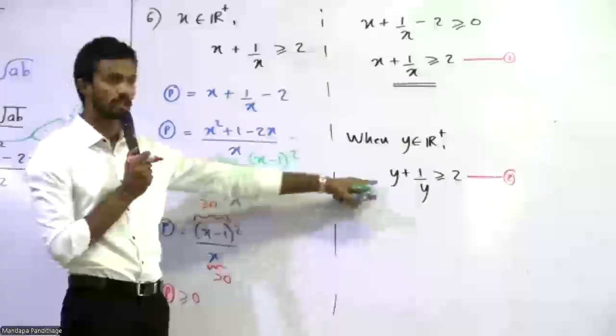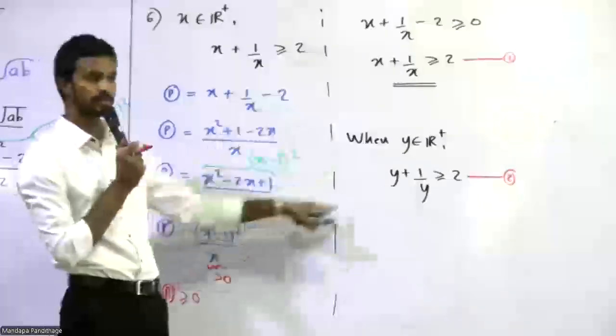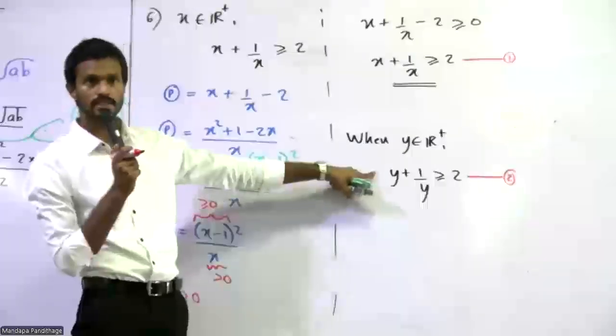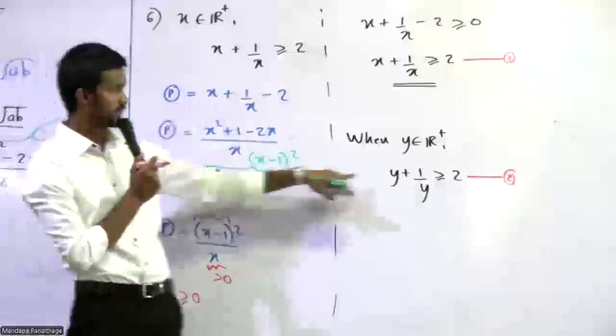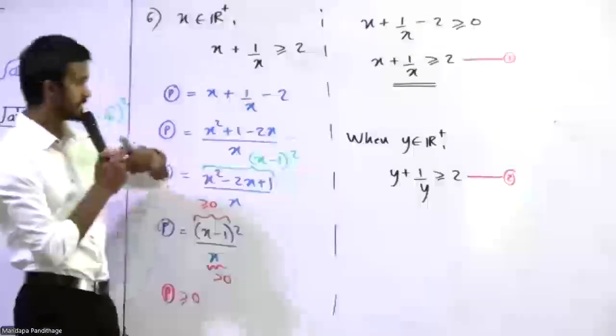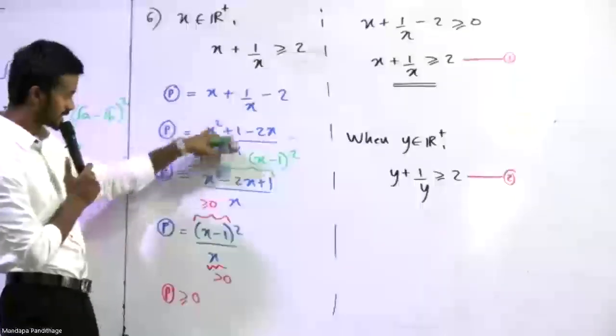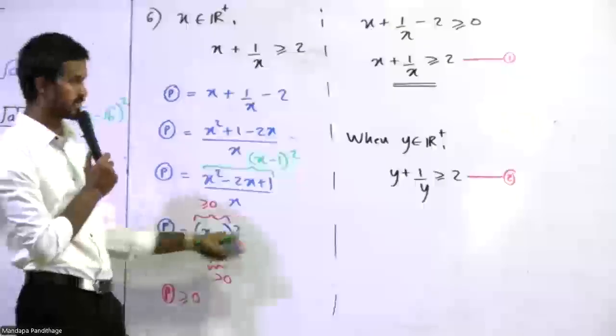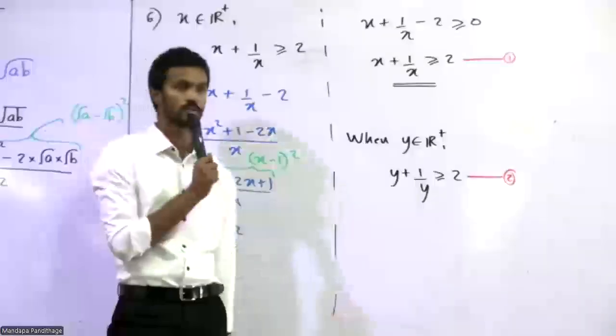If I ask you to show this, you have to follow the same steps, no? Is it clear? The only change is that x has been changed into y. You have to write the exact steps.